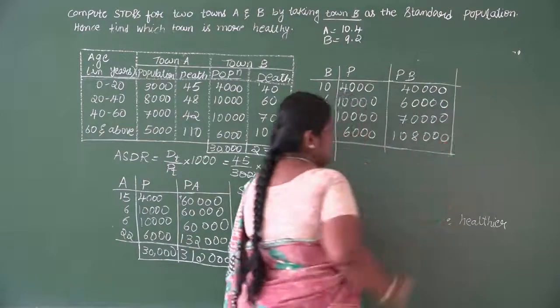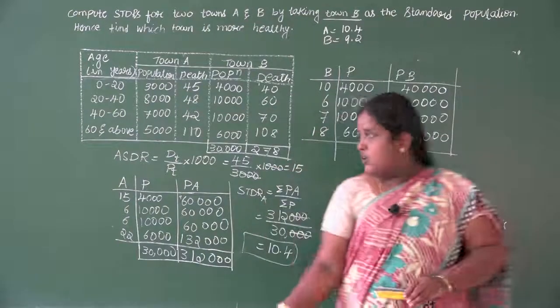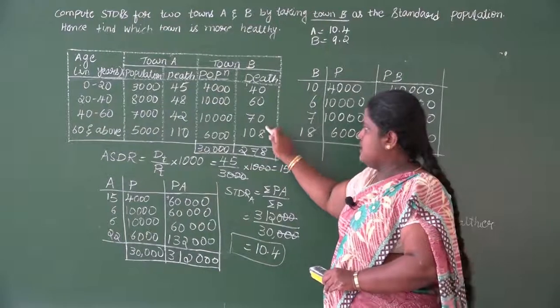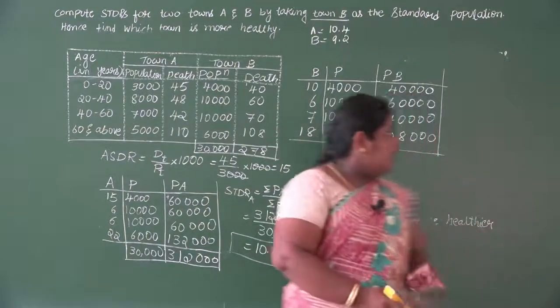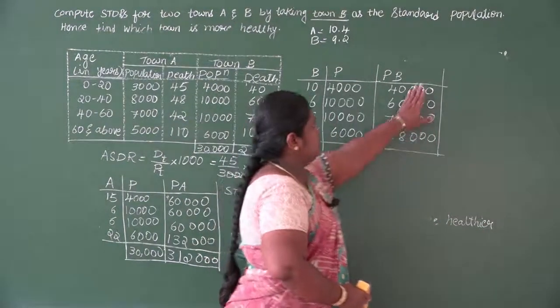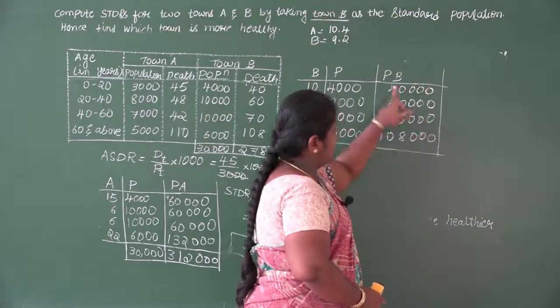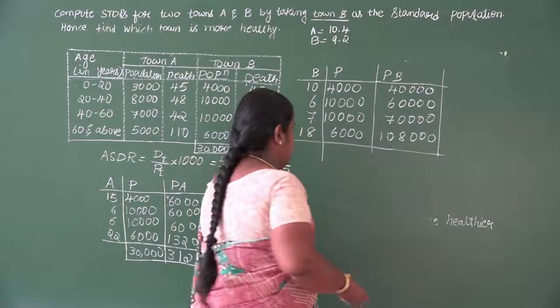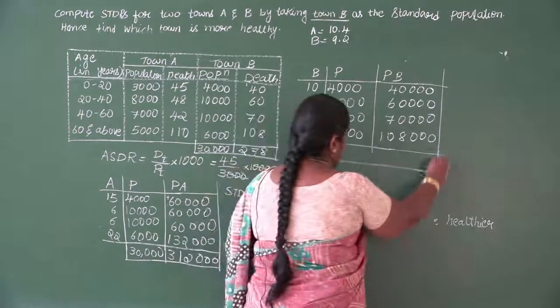So we have got the same death values. If you check, only into 1,000 is extra. So here we have got 40, 60, 70 and 108. Here the same numbers. So if you remove this 1,000, it is the same 40, 60, 70 and 108. So what we have done is correct.